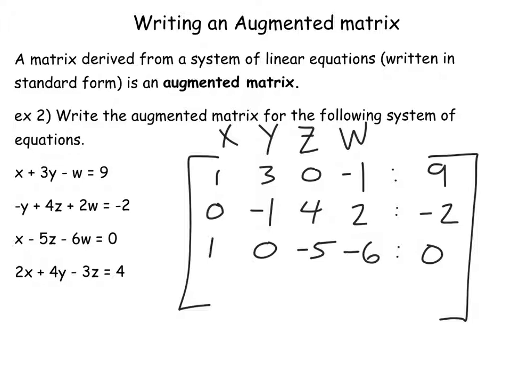And finally, we'd have 2, 4, -3, 0, and 4. So we took that system of 4 equations, which had 4 variables, x, y, z, and w, and we took all of its coefficients and converted it over to a matrix. If we were going to solve that system, that would really be step 1, to get it converted to that augmented matrix.